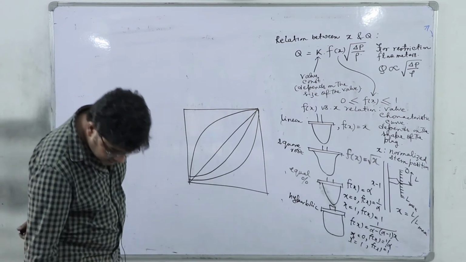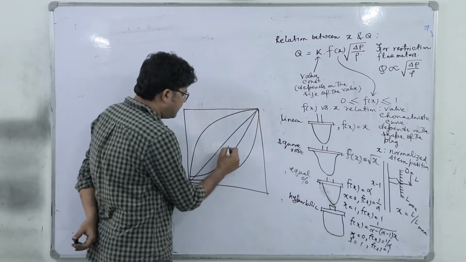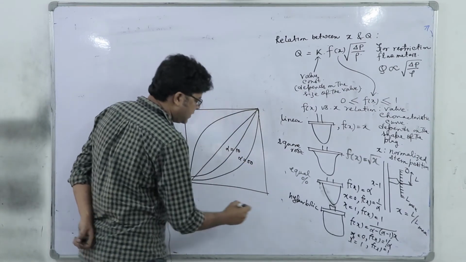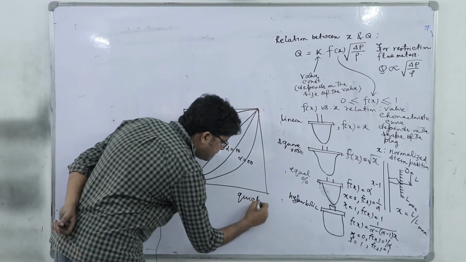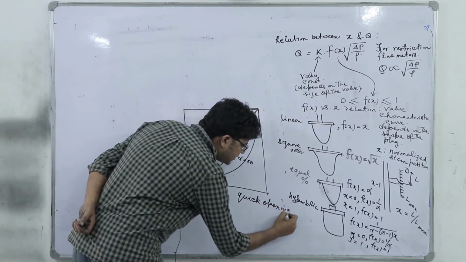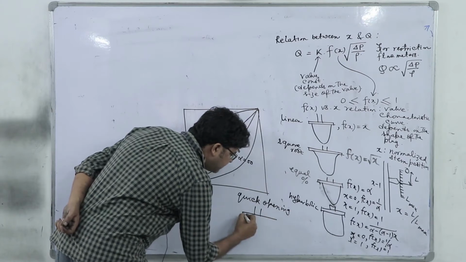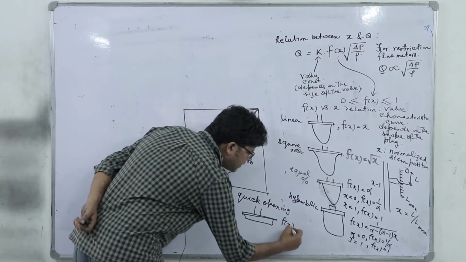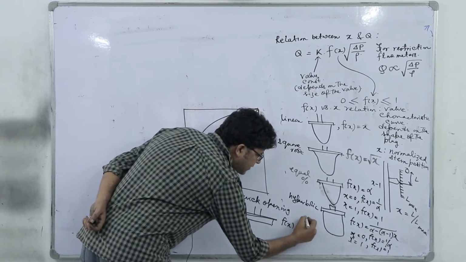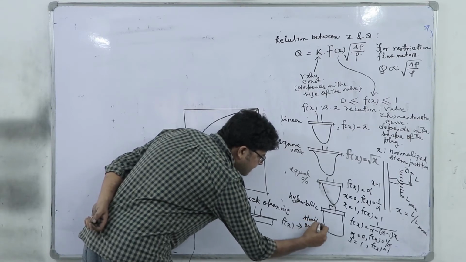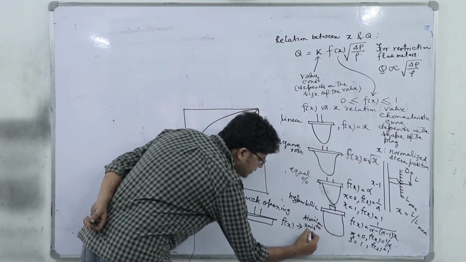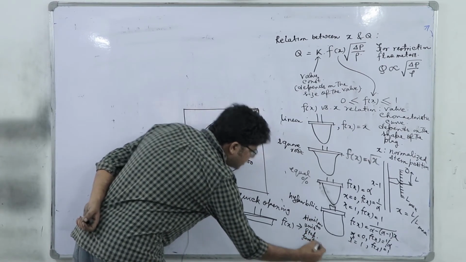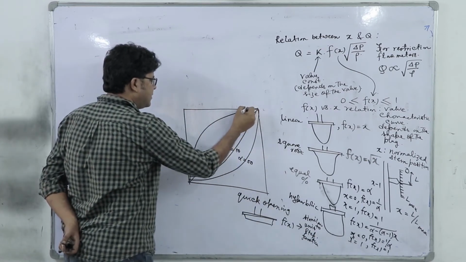Maybe in the first case alpha equal to 10, here alpha equal to 50, and another we have this quick opening, just like a step function. Here the valve plug looks like this. So f(x) is similar to a unit step function. That is definitely an idealization. Exactly it is not a step function, but rather it is like this.